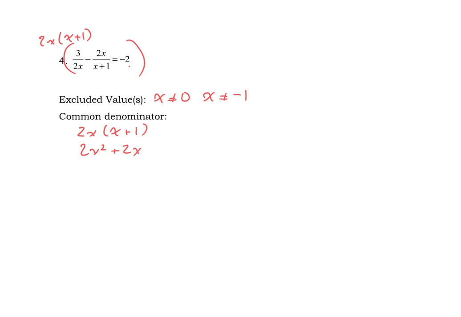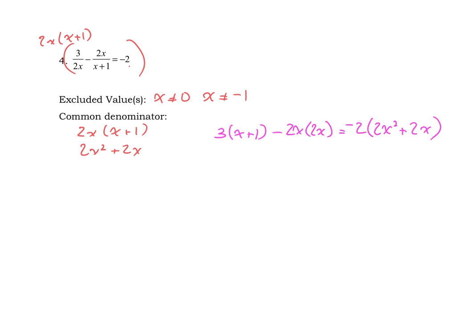So now I have 3 times x plus 1, then minus, and then I see on this one that the x plus 1 leaves me the 2x. So now I do the 2x that was on the top times the 2x that is left when I cleared it. And this equals negative 2 times the whole denominator, and I'm going to use the multiplied form.